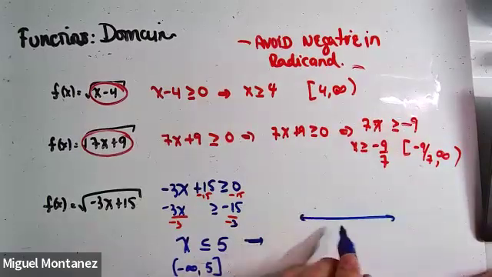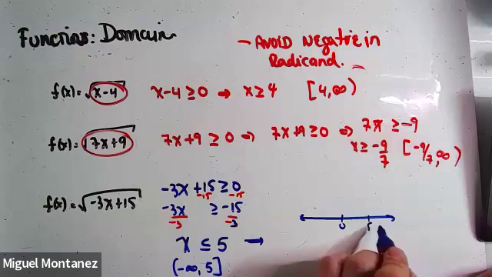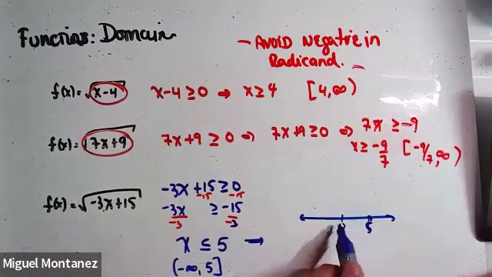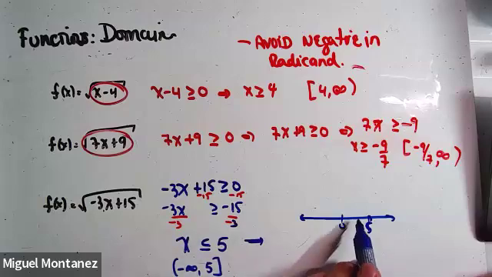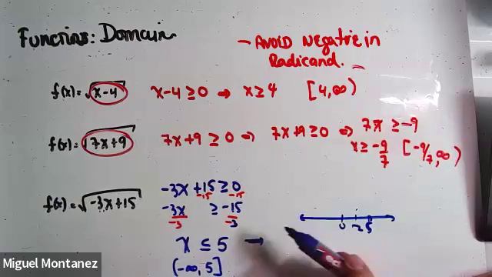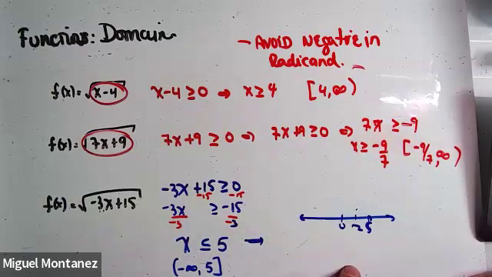If this is 0, this is 5. If I input 5 here, 5 times negative 3, negative 15 plus 15, that's 0. Let's say that I input 2. It's here. 2 is a good number in this case. 3 times negative 2 would be negative 6. 15 minus 6, 9. The square root of 9 is 3. So as long as I'm in this world, I'm safe.